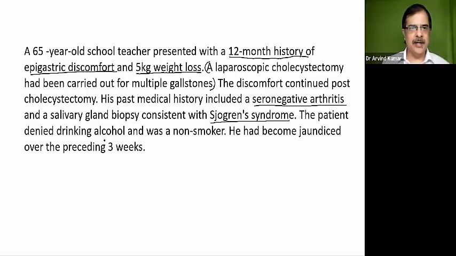The patient denied drinking alcohol and is a non-smoker, and he had become jaundiced over the preceding 3 weeks. So there is a 12-month history of epigastric discomfort, 5 kg weight loss, some rheumatic comorbid conditions, as well as a history of jaundice over the preceding 3 weeks.